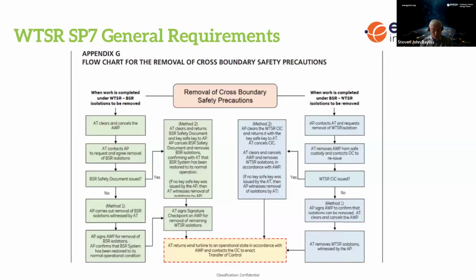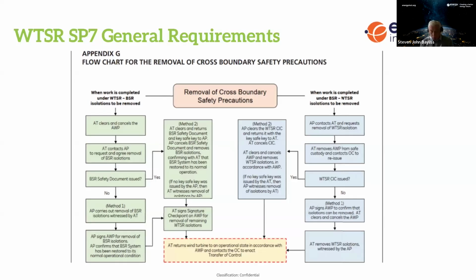If that's a no, again, we follow method 1, which I just briefly went over then. So that would be appendices B of the document, where there's no CIC, no boundary safety rules document to be issued, and that'd be method 1.